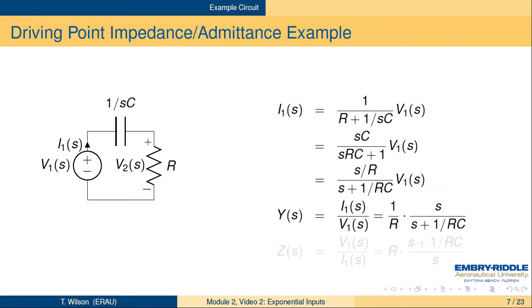And so the admittance turns out to be 1 over R times S over S plus 1 over RC. The impedance then is the arithmetic inverse of that, so that's R times S plus 1 over RC, all over S. The poles of the admittance are the zeros of the impedance. The zeros of the admittance are the poles of the impedance. This is true as long as it's at the same port, the same terminal pair.